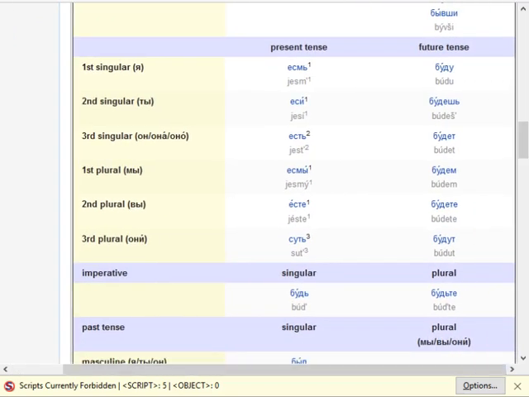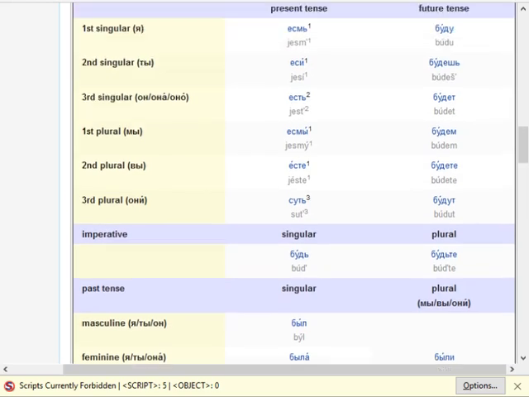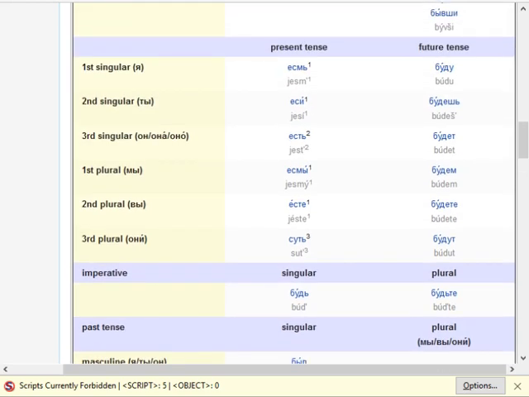This can get pretty confusing. So here we have, in the present tense, есть. So for example, есть пиво means there is beer. But in the future tense, it will be я буду, ты будешь, and so on.